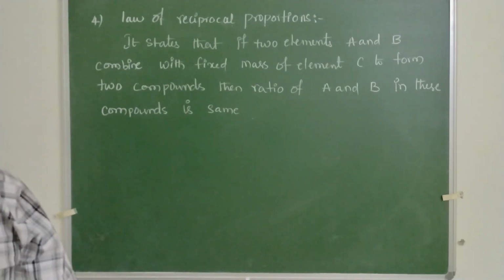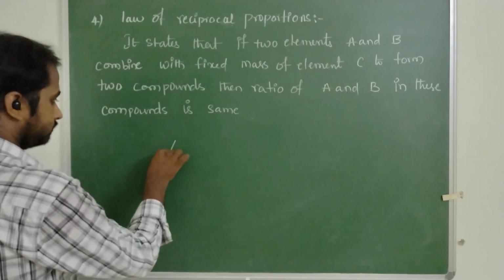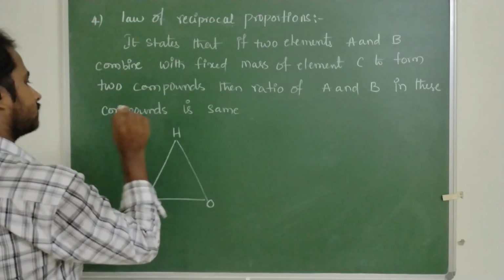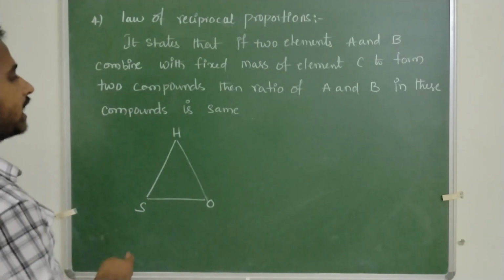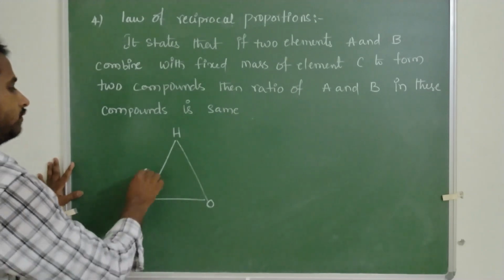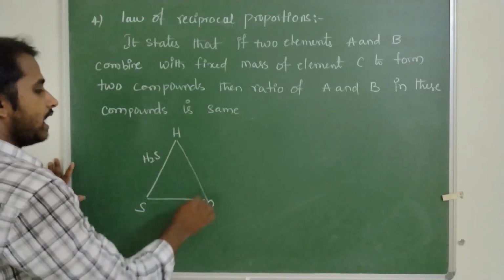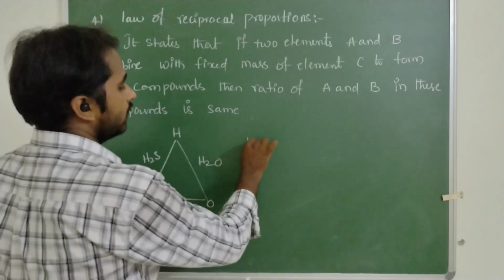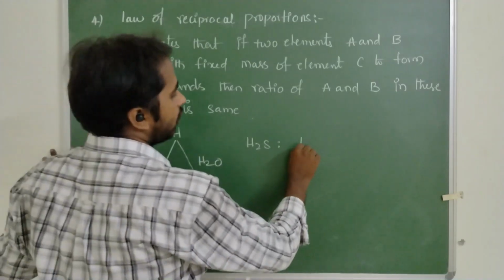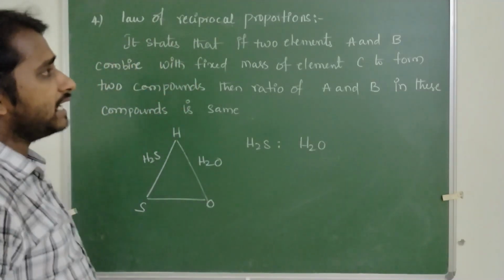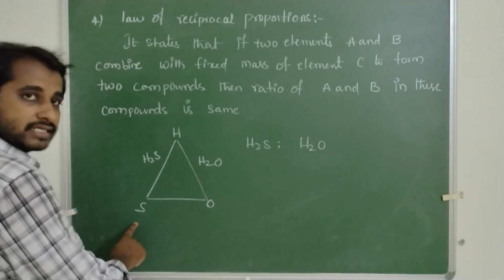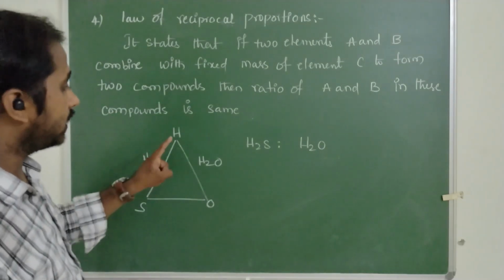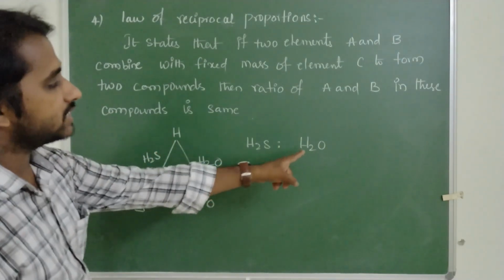Sulfur and oxygen react with the same amount of H to form two compounds, H2S and H2O. Here let A be S and B be O. A and B form two compounds with the common element H, so H2S and H2O.